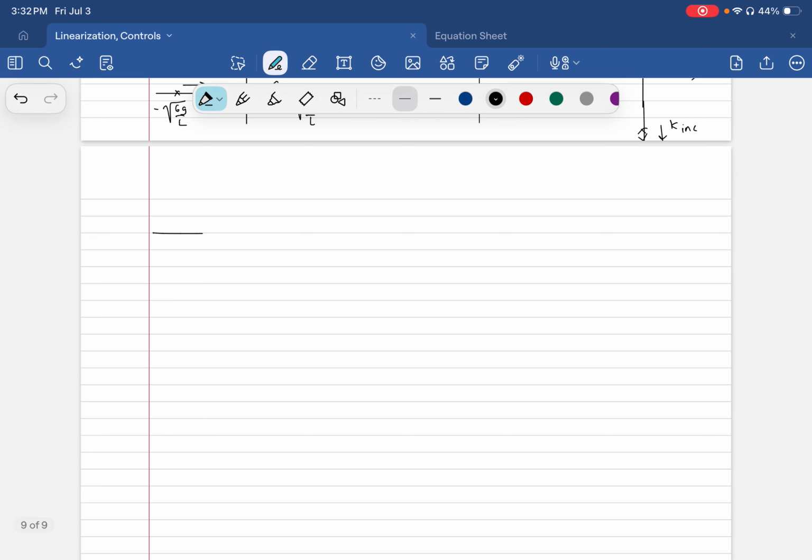So we have a plant given by 16 over s times 0.017 s plus 1.